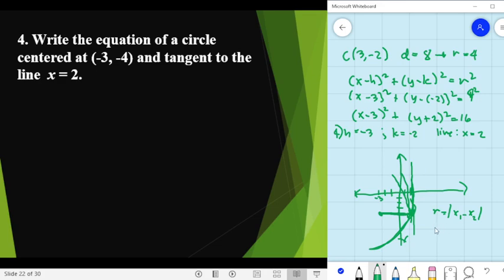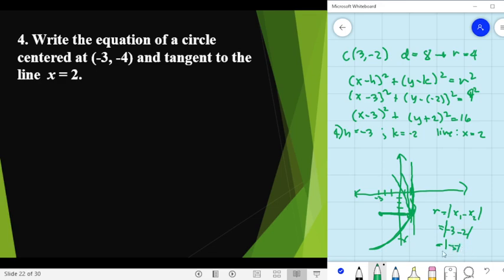Okay, so in this case we have our x coordinates, -3 minus 2. And since they have two same signs, we can add them together and the answer is -5.